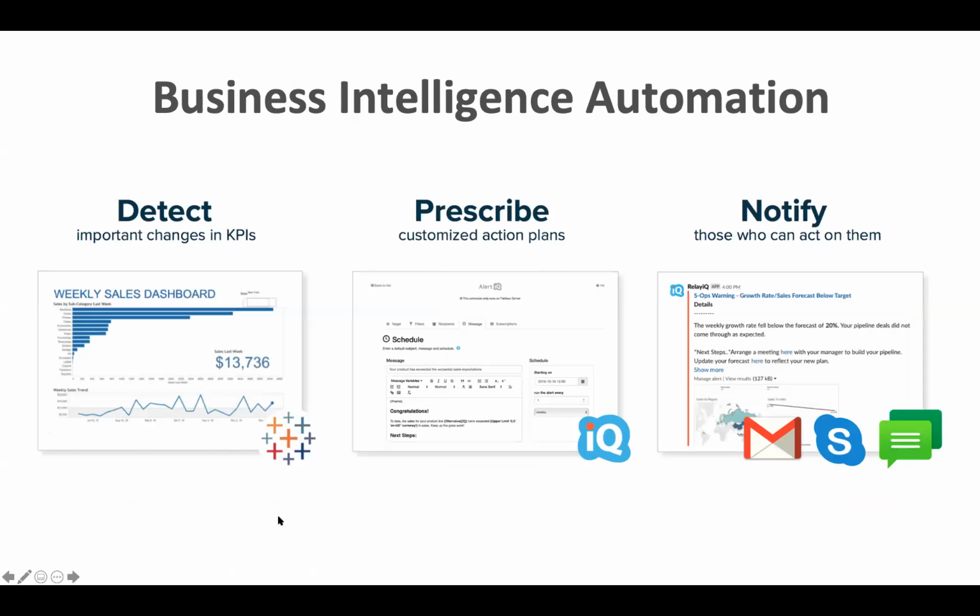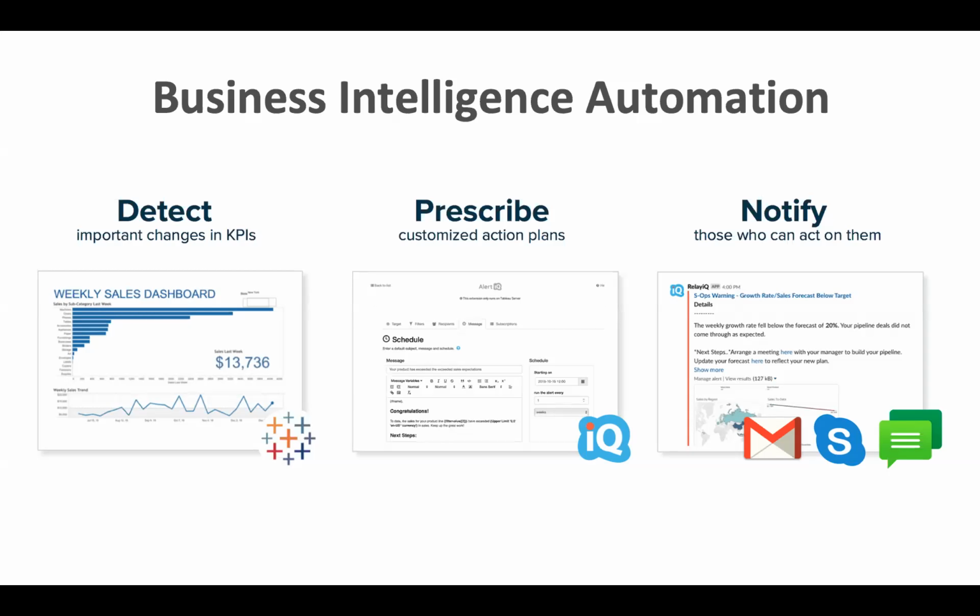So what we have done, and we think the market's going towards, is automation. How do you automate the BI environment and really sit above the dashboard technologies to automate detection of outliers based on critical KPIs? How do you prescribe an actionable plan when that outlier is noticed? And how do you notify the right person or machine in their workflow to take that action?